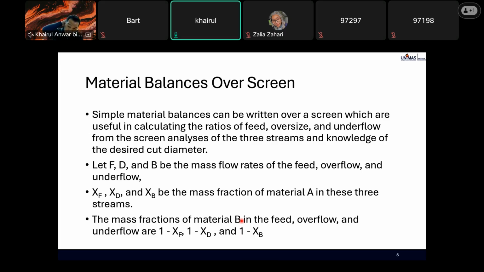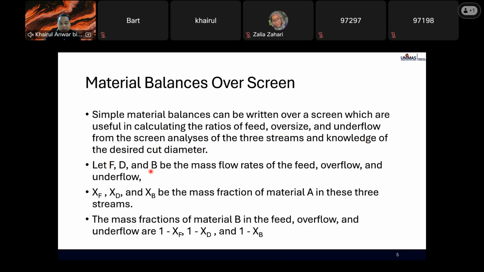This is from the book. Material balances are useful in calculating the ratios of feed, overflow, and underflow from the screen analysis of the three streams and knowledge of the desired cut diameter.